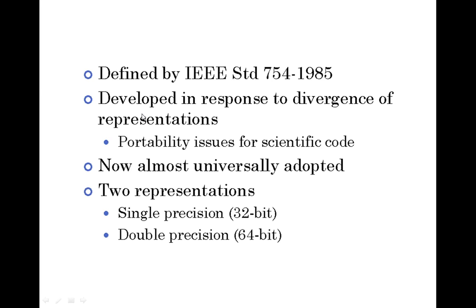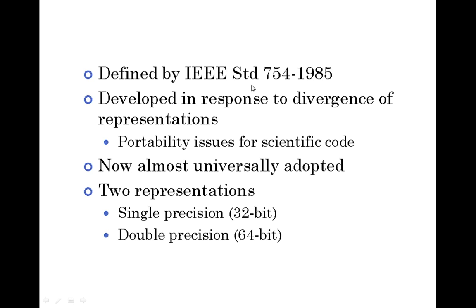Now let's see some characteristics or features of IEEE 754. First of all, it is defined by the IEEE standard 754-1985. It was developed in response to divergence of representation. Whenever we have to represent floating point numbers, that standard is maintained by the Institute of Electrical and Electronics Engineers.